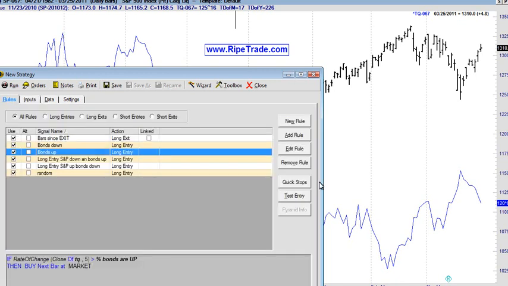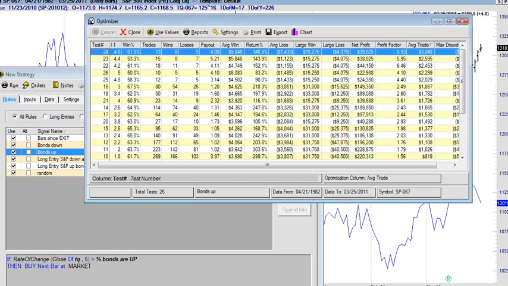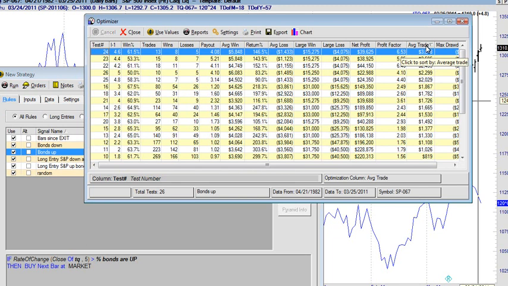If I run the strategy, you see in this column it's being sorted by the average trade size. Remember, the average trade size for a random entry was $154. This column shows the percentage. Typically, the larger the percentage that bonds have moved up over that 5-day period, the larger your average trade is.